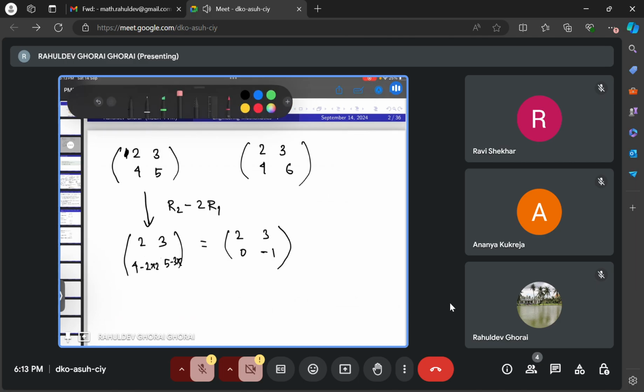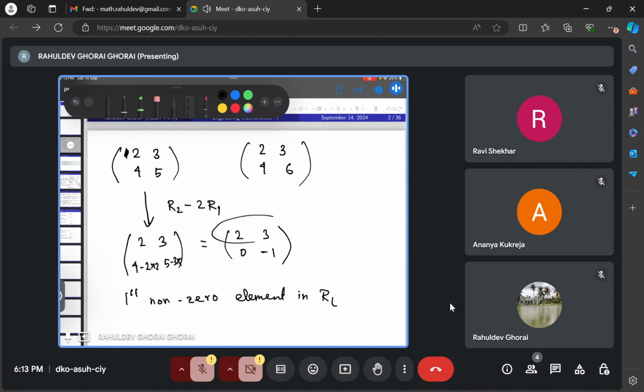Then what will be the rank for this matrix? First of all, did you get the row echelon form? You see, the first non-zero element in R1, this is called R1, is 2.